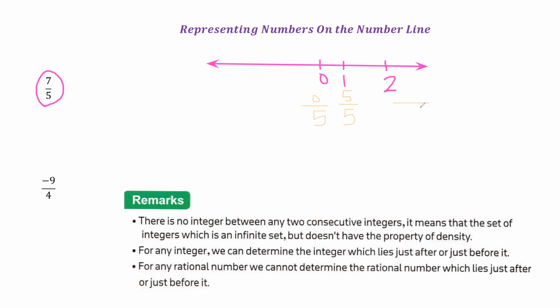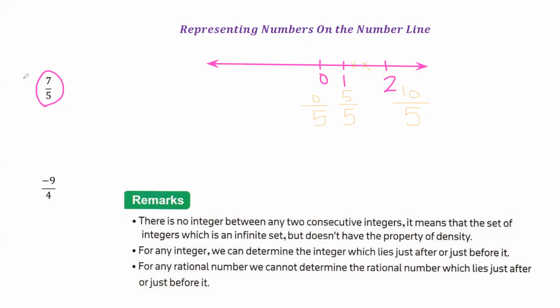It will be also a fraction with the same denominator, then the numerator will be 2 times 5 equals 10. Now, where is the 7? Here 5, so here is 6 over 5, here is 7 over 5. So this is our point. So you can point like that. This is 7 over 5.